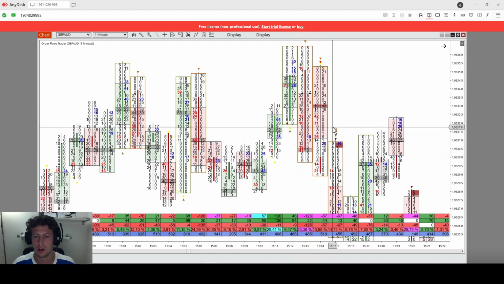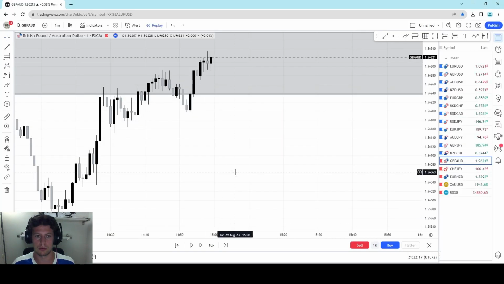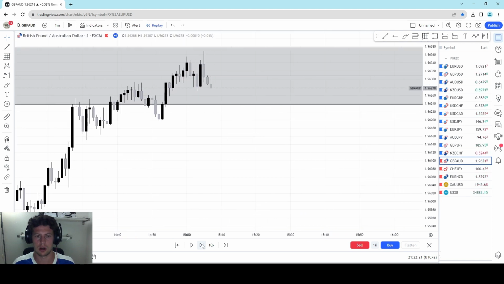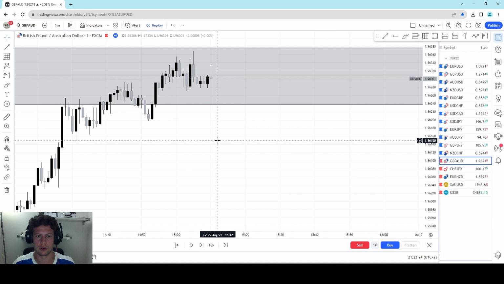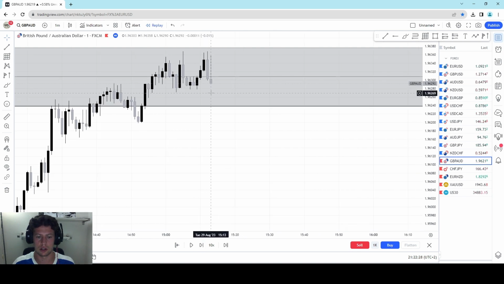So we know this candle. Look at the time, 15:14 on TradingView, minus 1 minute, sorry. So we are looking for 15:13. This is our candle.